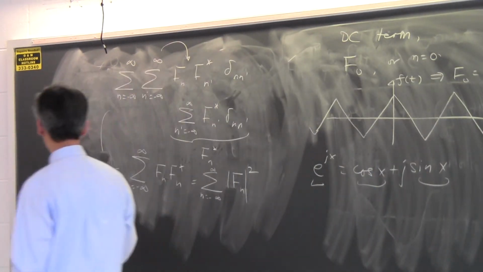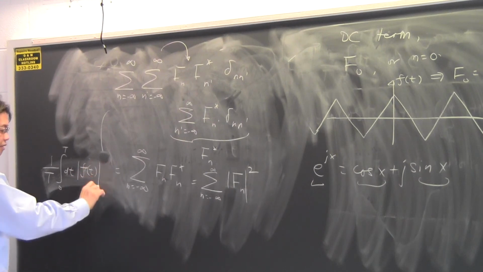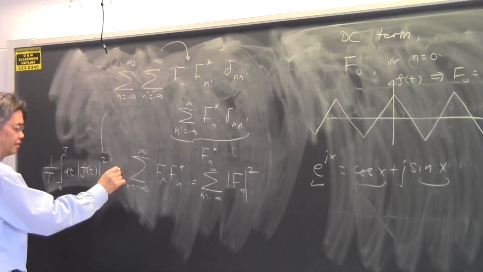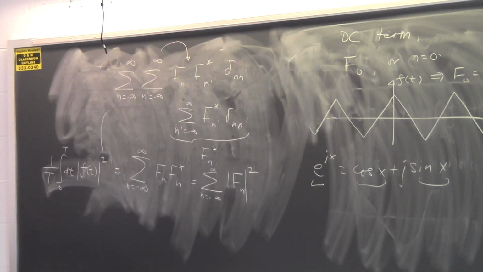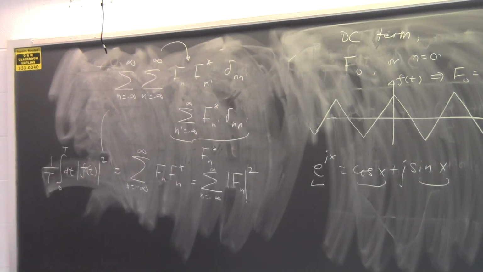Okay, so I have 1 over T, integral from 0 to T dt of magnitude squared of this equals that. Okay, the power can be computed either way, using the Fourier coefficients or using the function. Is this clear?